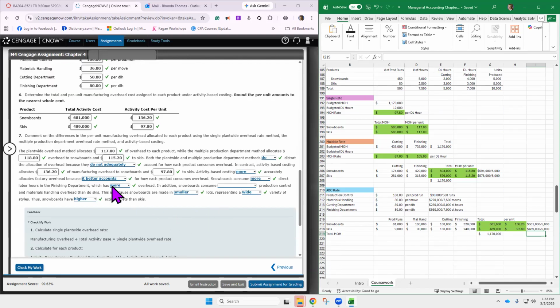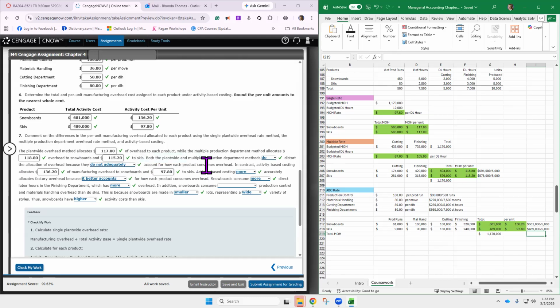Let's see if we can make sense of this. The plant-wide rate allocates $117 of overhead to each product, while the multiple production department method allocates 118.80 overhead to snowboards each and 115.20 of overhead to skis.